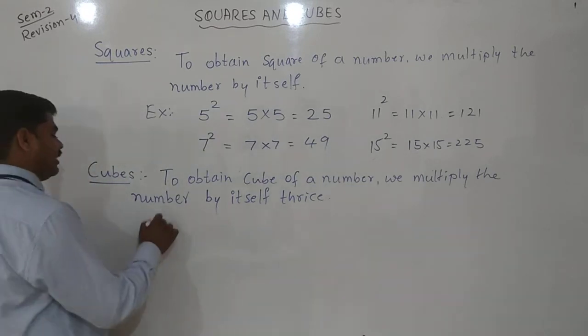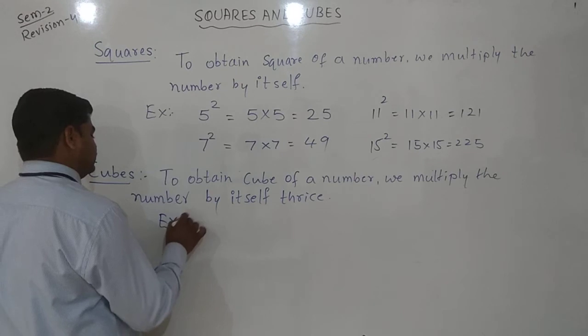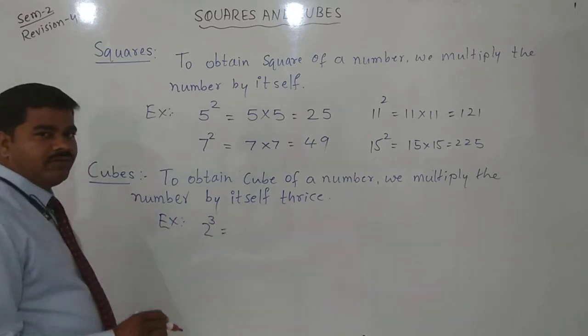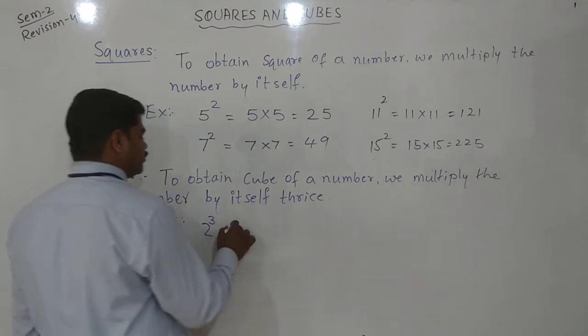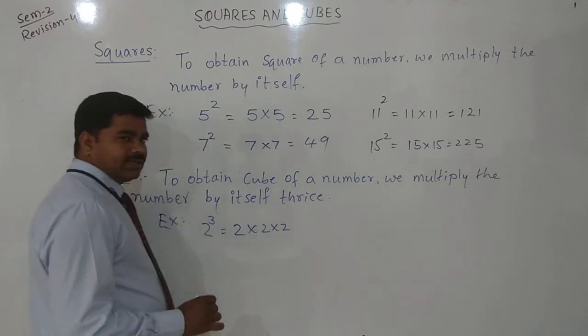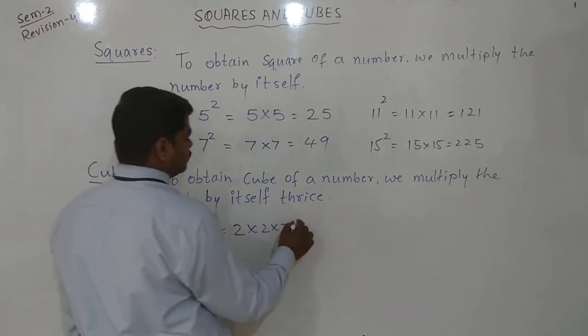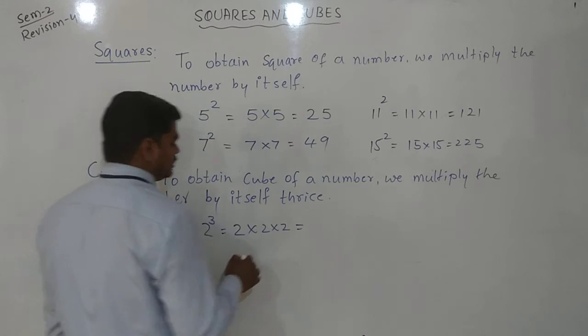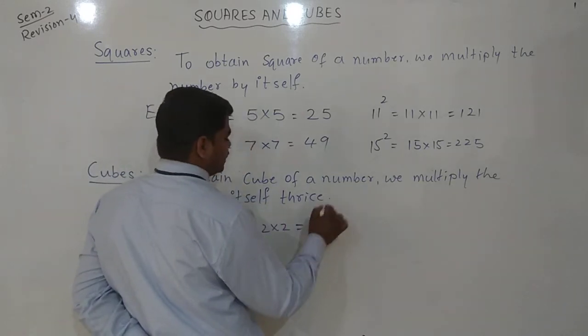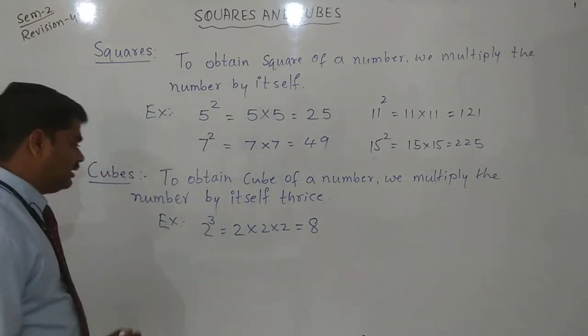Example: 2 cube, 2 raised to the power of 3. Then 2 three times, the same number, 2 into 2 into 2. Then we can write it as 2 cube. 2 twos are 4, 4 twos are 8. Its value is 8.